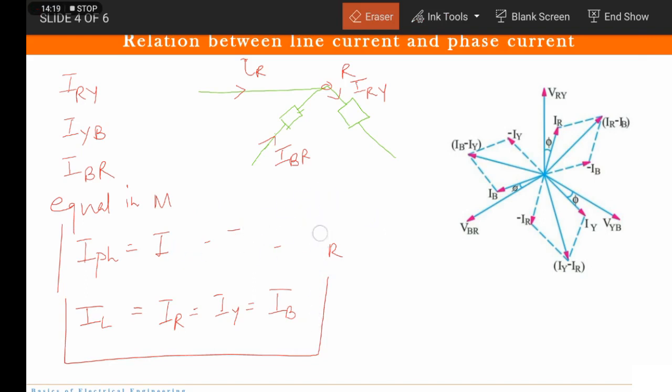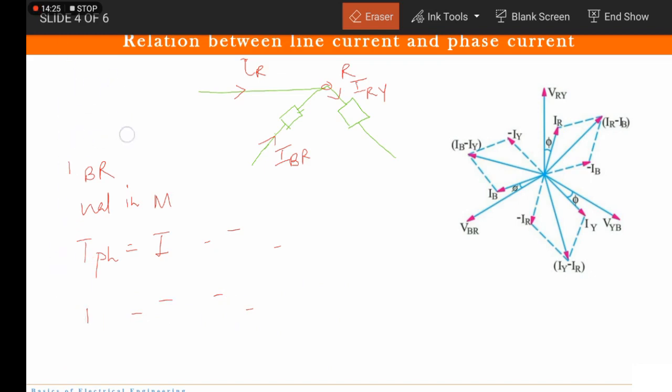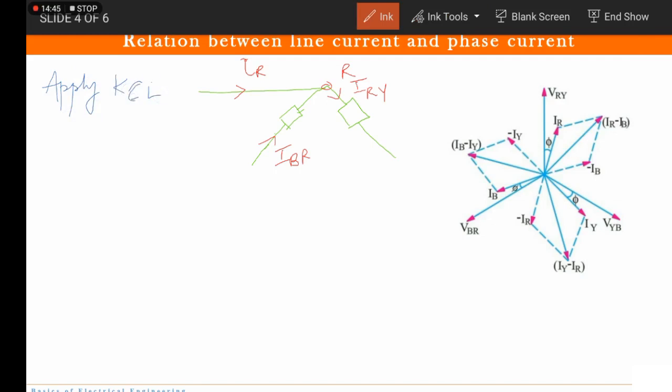So after identifying what is the line current and what is the phase current, now we are going to apply KCL, sorry, KCL at point R. Now what is the KCL equation here? We will get IR. What is KCL?